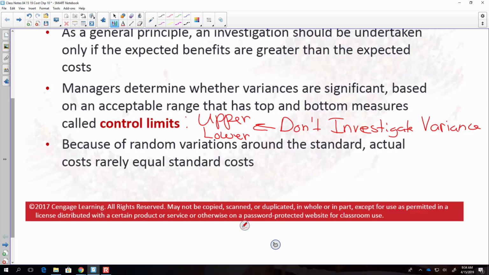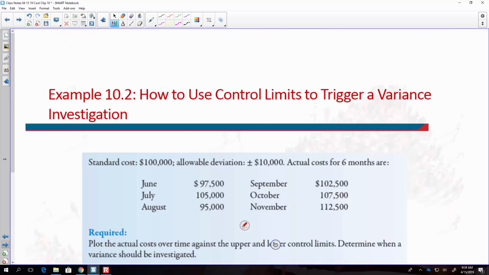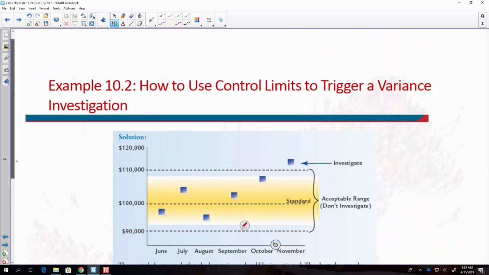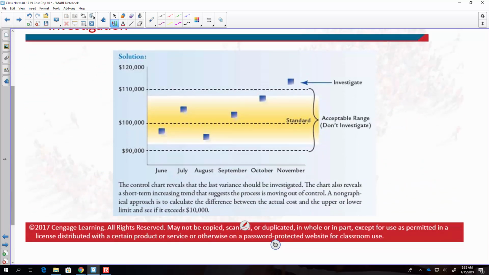So there is a template on page 531. That looks like this. So on this screen right now is page 531, Exhibit 2.